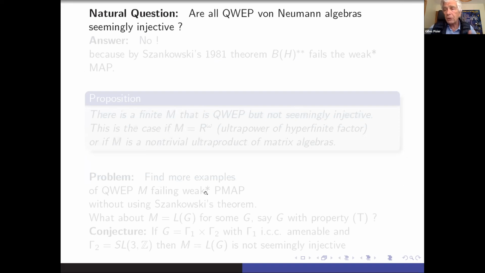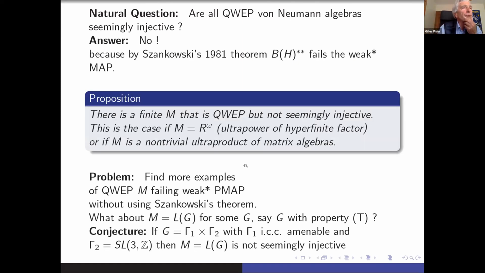So a natural question that has to be addressed is, well, maybe this class of algebras is just the class of algebras that are QWEP. And that, of course, would have been one way to sort out the subject.